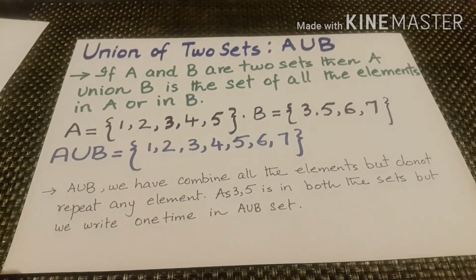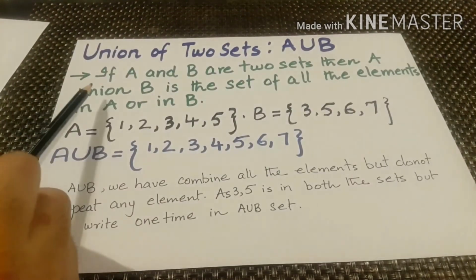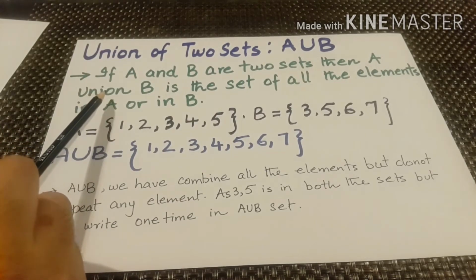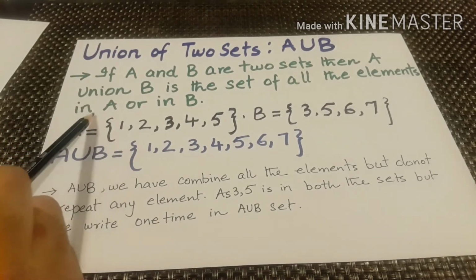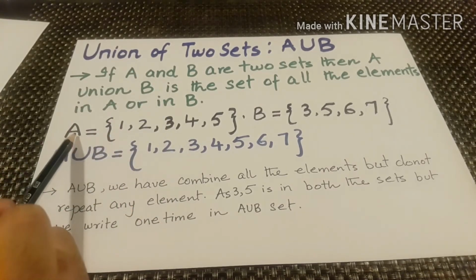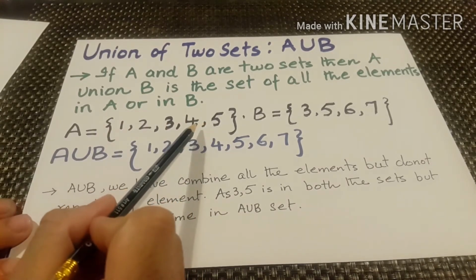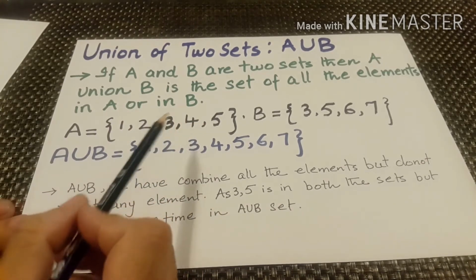Concept of union of two sets, A union B. If A and B are two sets, then A union B is the set of all the elements in A or in B. For example, A is equal to 1, 2, 3, 4, 5 and B is equal to 3, 5, 6, 7.